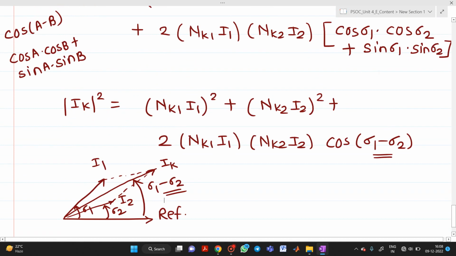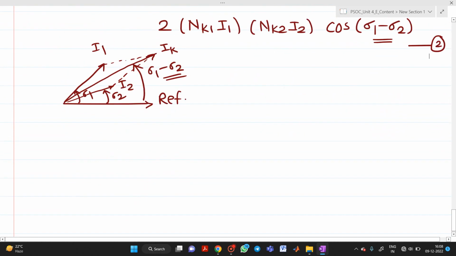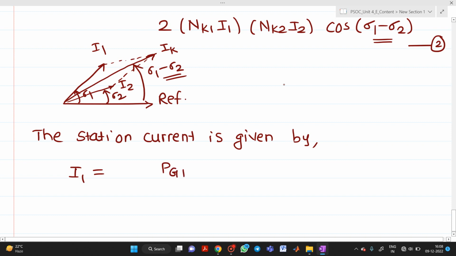Let us consider the equation we have derived here as equation number 2. Now, as we have to find the power, we should first know the value of the current, then we will be able to find the power. So I can say the station current is given by, for generator G1, I1 equal to Pg1 divided by root 3 into V1 into cos phi 1.